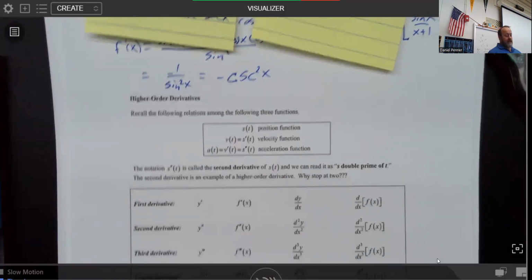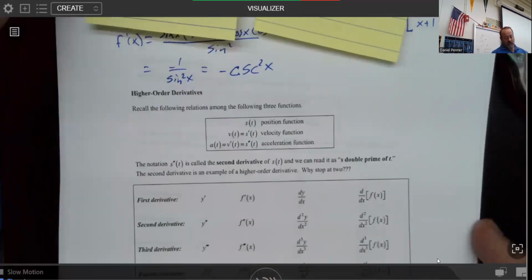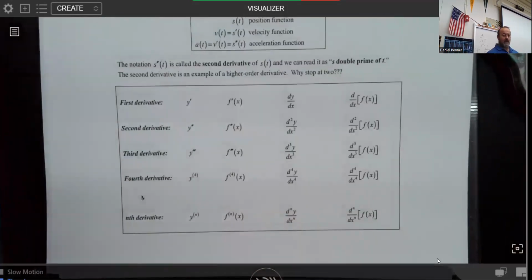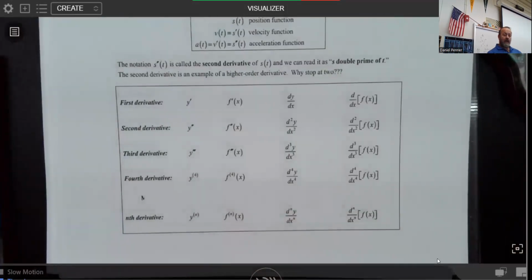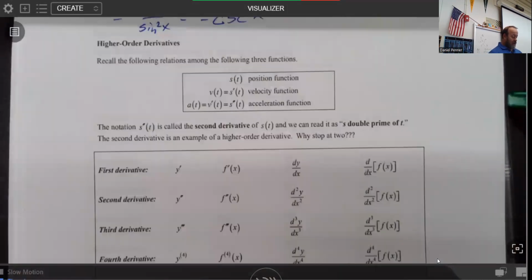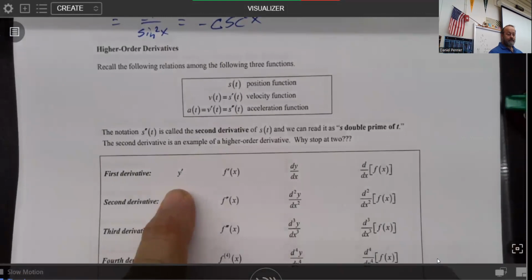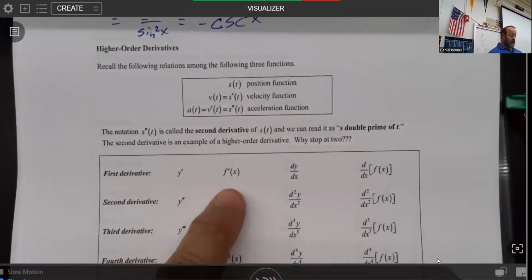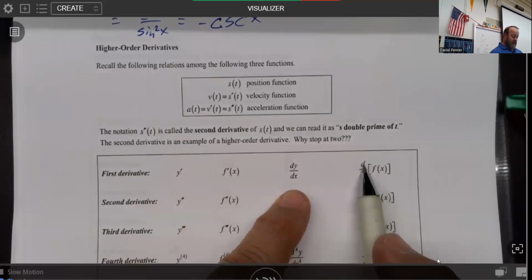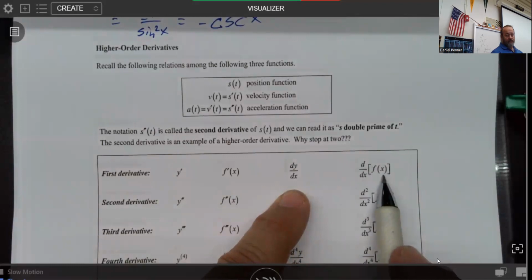So what has happened is over the years, calculus has come up with all sorts of ways to say the same thing. So when you look at a first derivative, we could call it y prime. That's a shorthand. We could call it f prime of x, or we could call it dy dx, or we could say operate with a derivative on the function f.